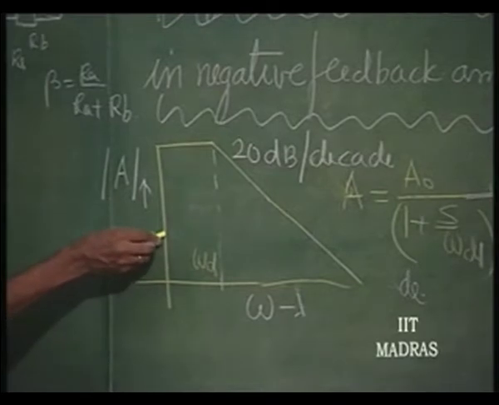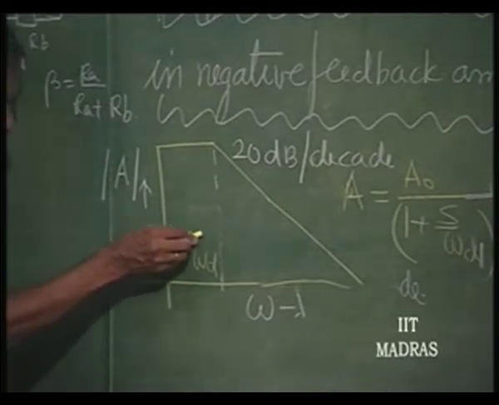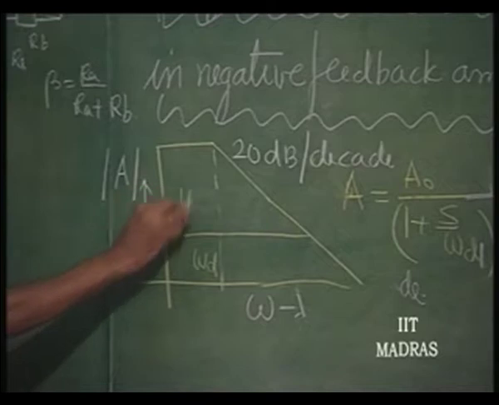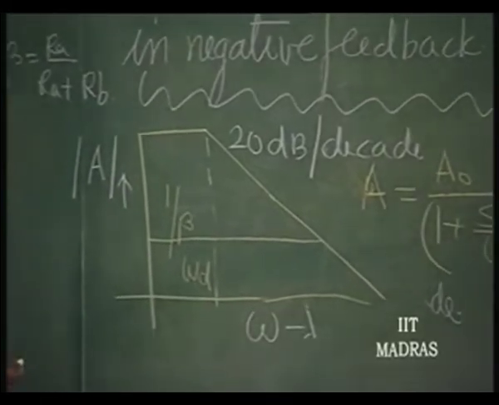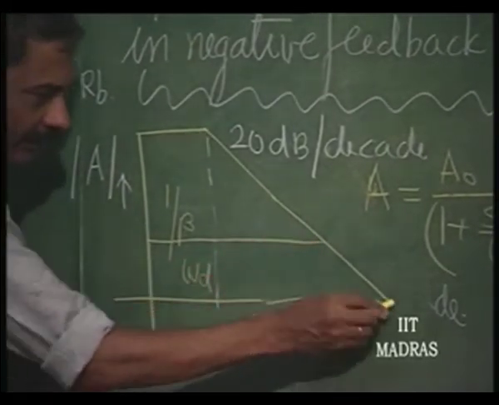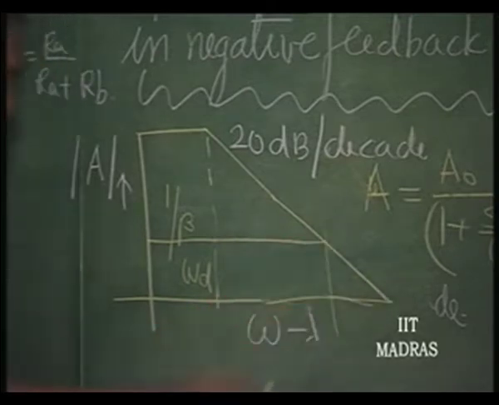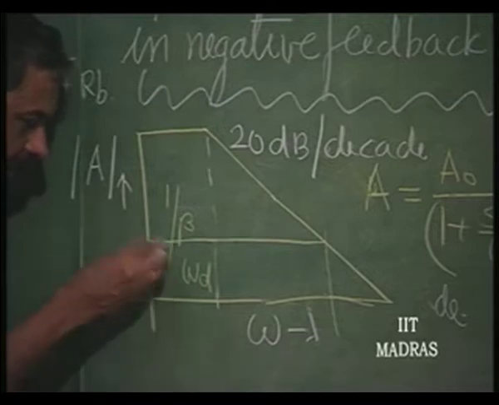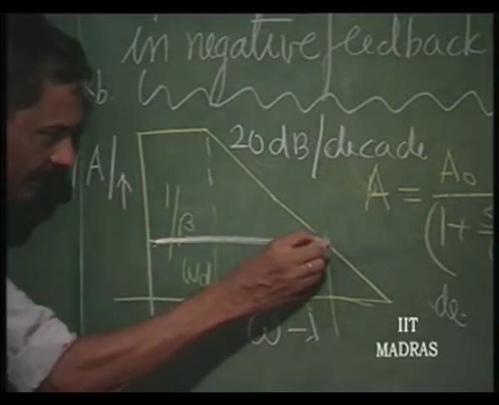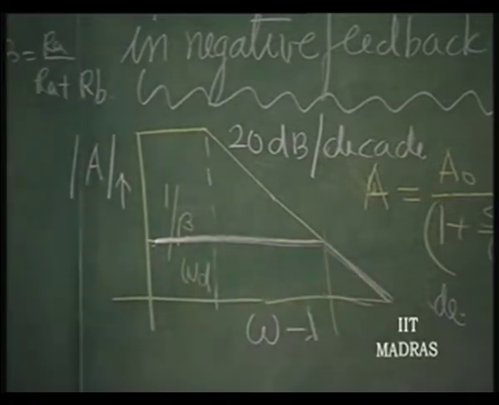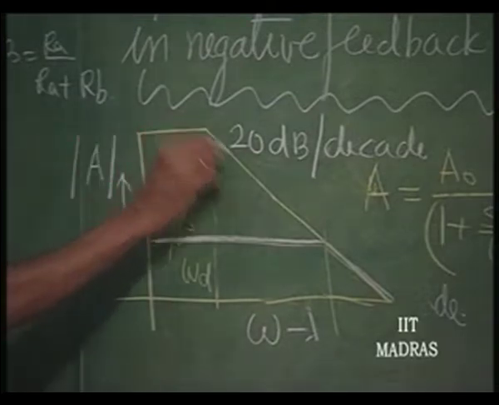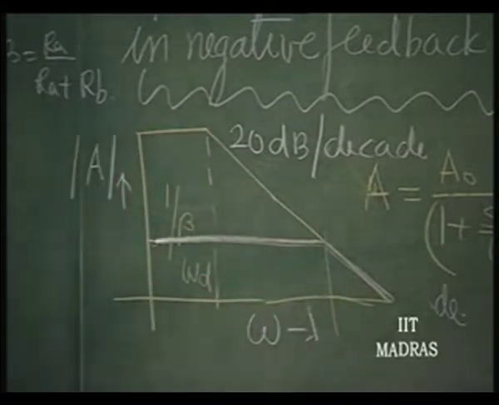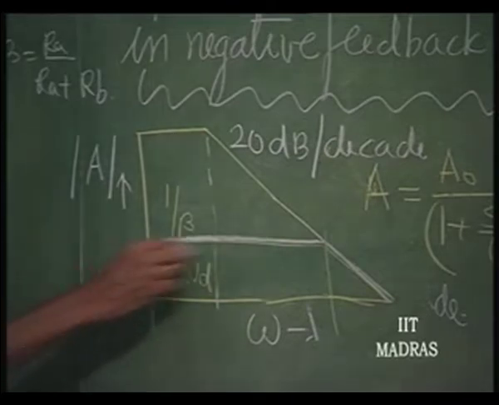When you gave feedback, the gain got decreased to 1 over beta, but bandwidth got increased. This is the new bandwidth, okay, such that the gain into bandwidth remains a constant. This is what has happened with the first order system. Its frequency response is this. This was the frequency response of the open loop amplifier, and this is the frequency response.